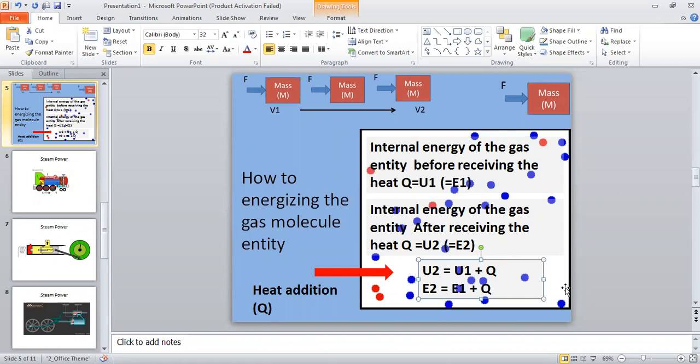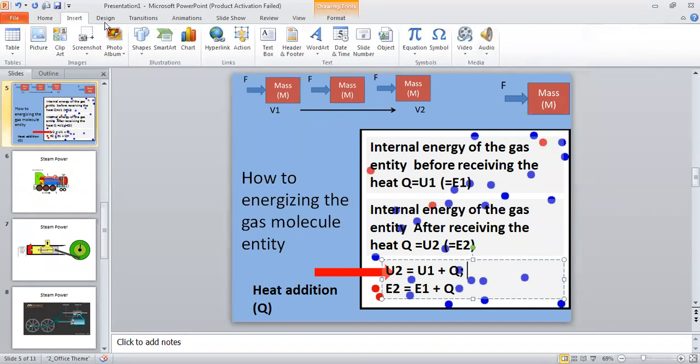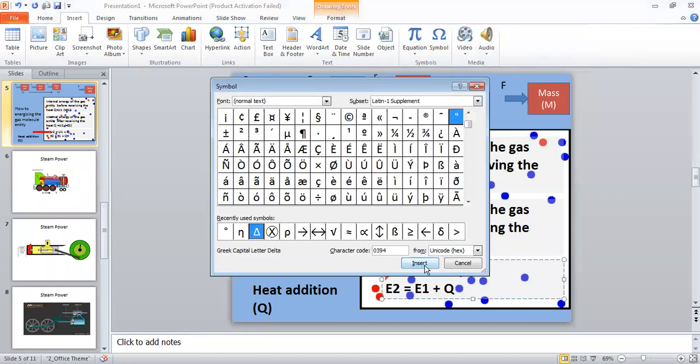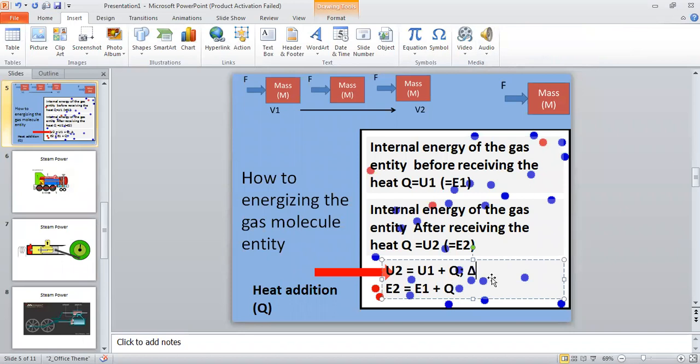Also, you can say that the rise or the increase, we use the symbol delta. What increase? Increasing of U. The internal energy is U2 minus U1.